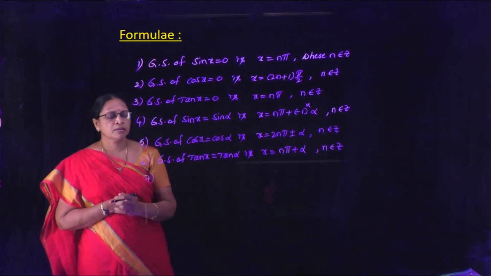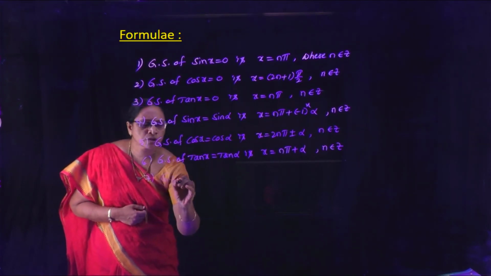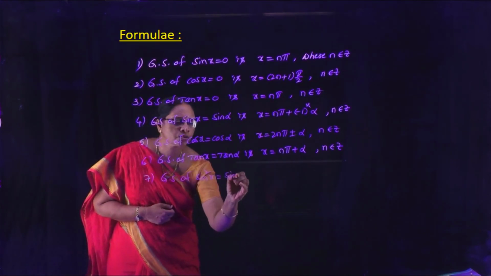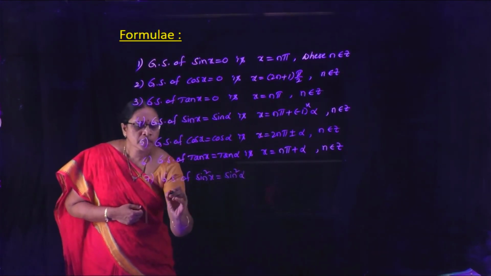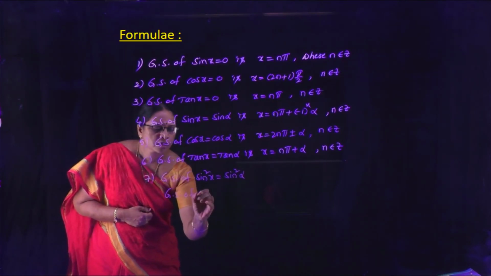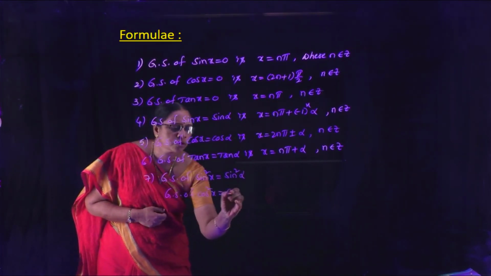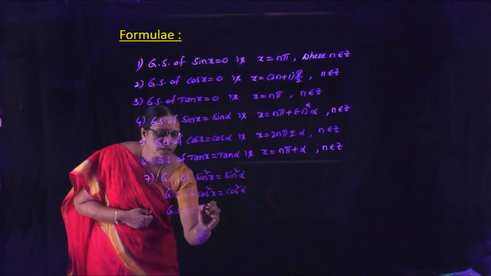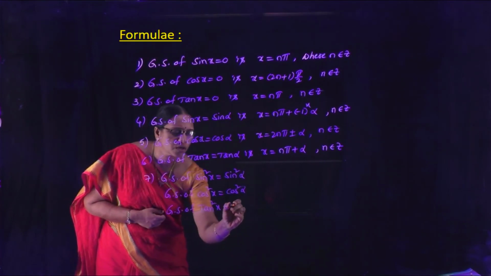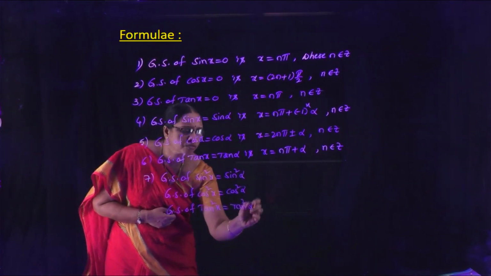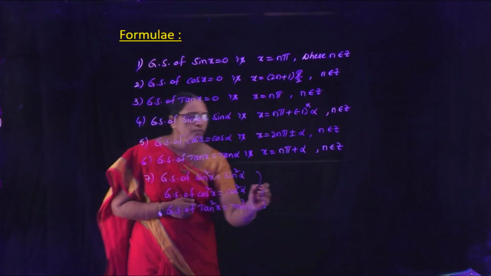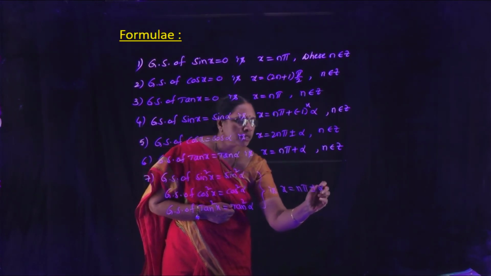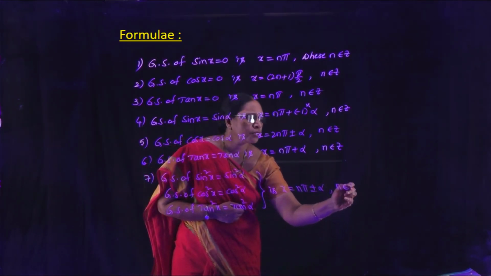Next, seventh one is general solution of sin square x is equal to sin square alpha, and general solution of cos square x equal to cos square alpha, and general solution of tan square x is equal to tan square alpha is x is equal to n pi plus or minus alpha, where n belongs to z.